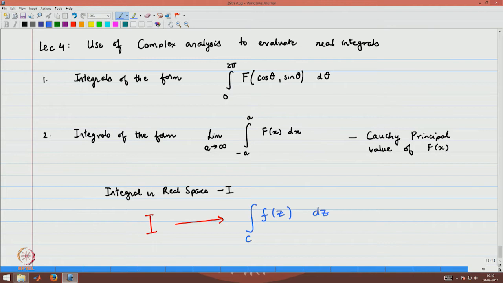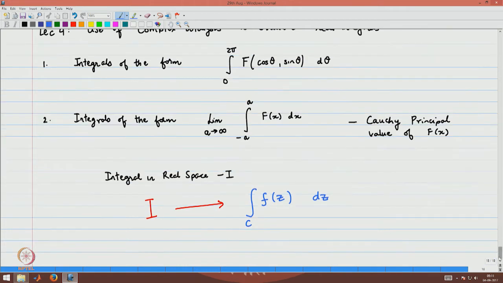Once you convert your integral in real space to a contour integral in the complex plane, you can actually carry out the integrals easily. Now let us look at the first case, and then we look at the second case.